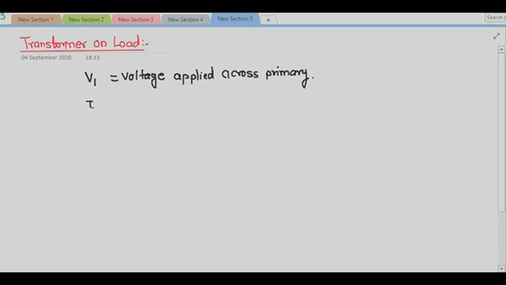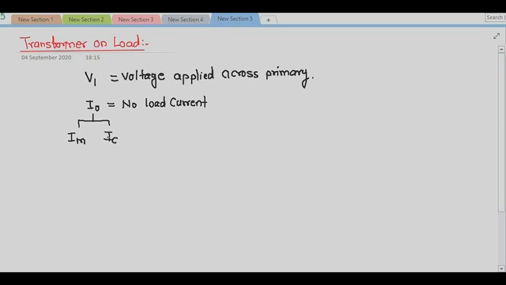So I0 is your no load current. This current has two components we have seen. What are those two components? IM, for I magnetizing, from now onwards I will write IM, and the second one is IC.